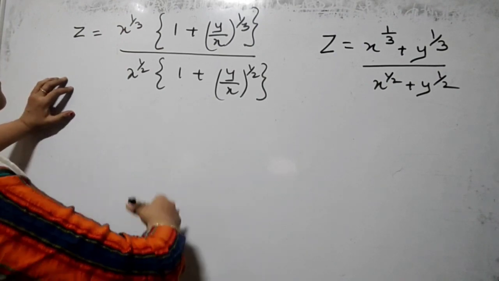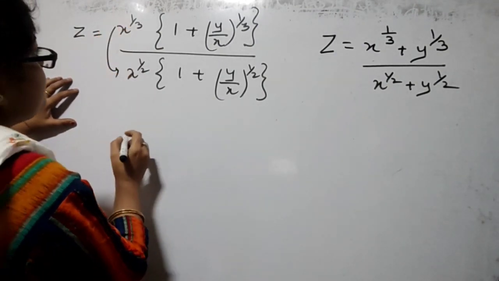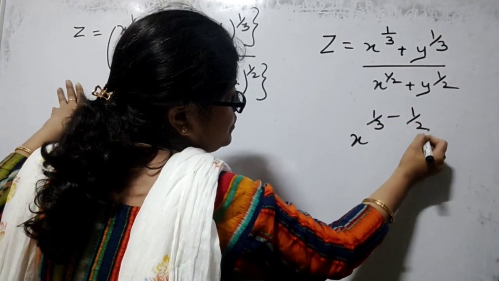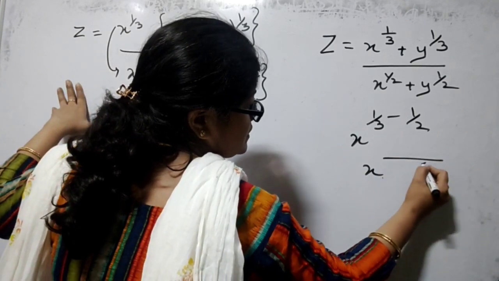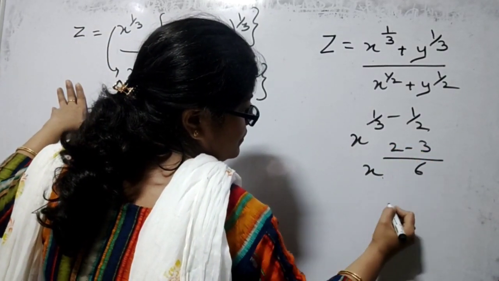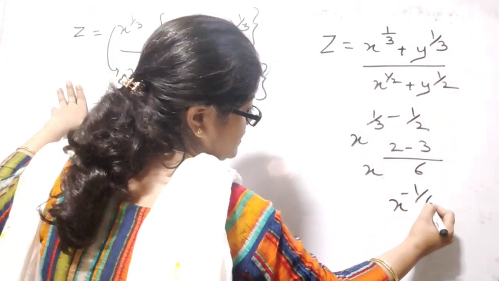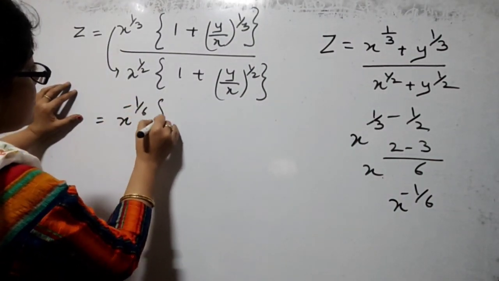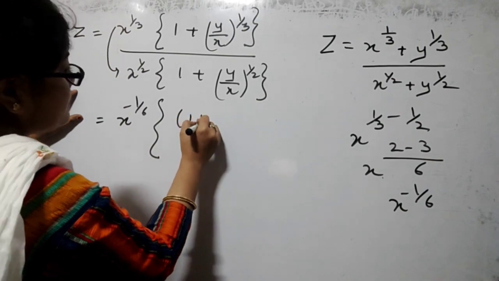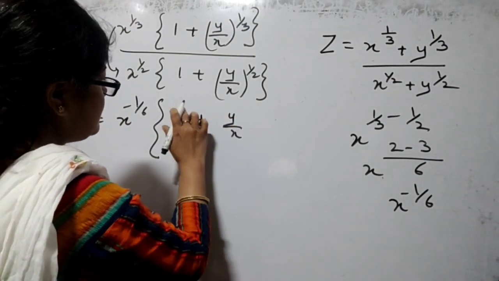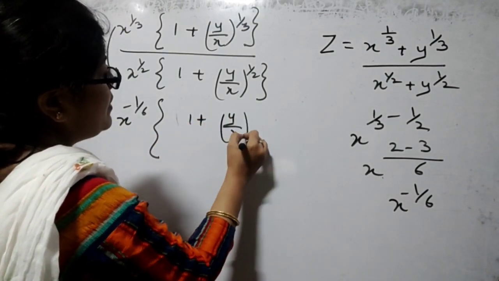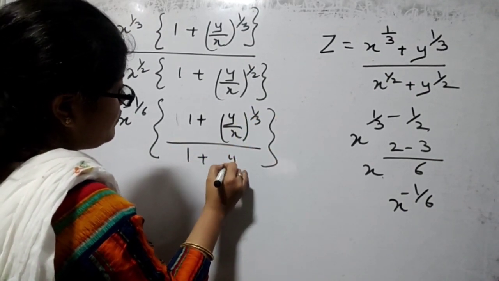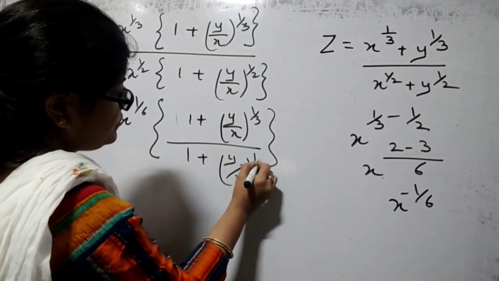We solve these two and we get x to the power 1 by 3 minus 1 by 2, that is x to the power 2 minus 3 over 6, which is x to the power minus 1 by 6. So we get x to the power minus 1 by 6 times 1 plus y over x to the power 1 by 3 over 1 plus y over x to the power 1 by 2.